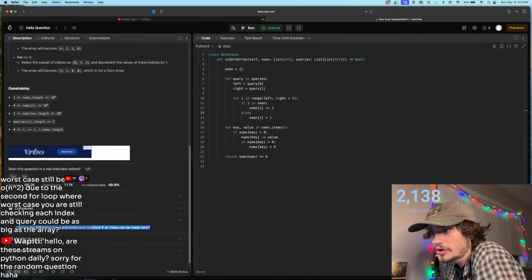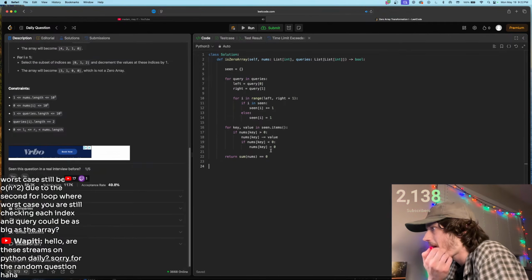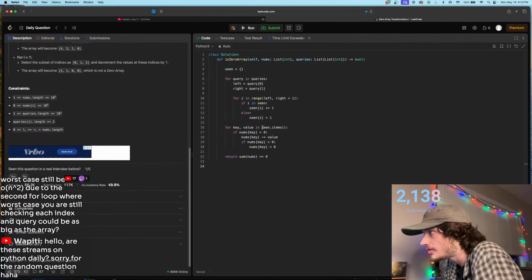We use a different array. For key, value in seen items.